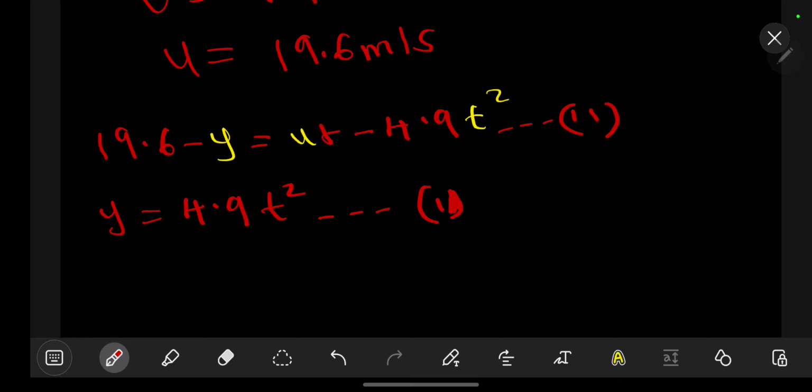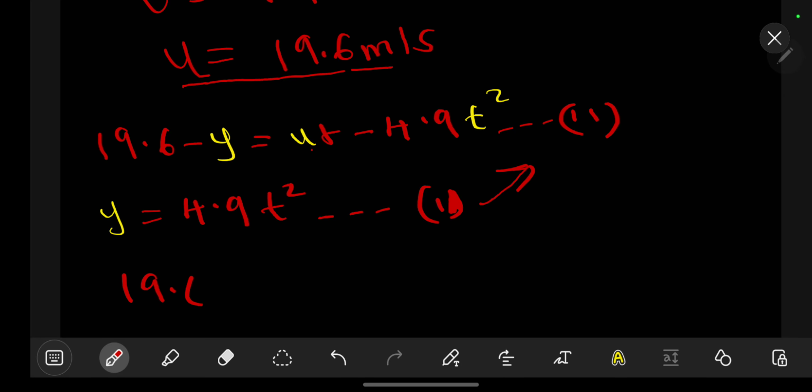Now that we have these values, we can replace them. Firstly, let's replace y. So y is equal to 4.9 t squared. In equation 2, we are going to replace our y value.